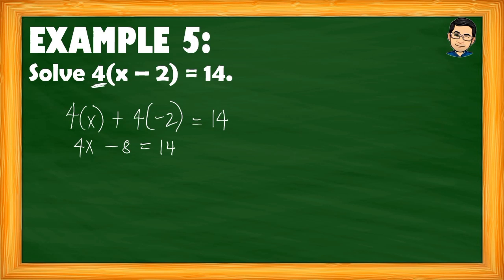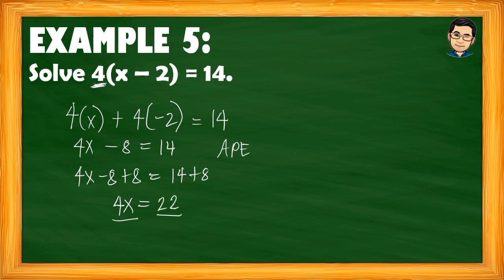And then, applying APE, we will add 8 to both sides. So 4x minus 8 plus 8 is equal to 14 plus 8. Then 4x equals, so the sum of 14 and 8 is 22. Then divide both sides by 4, or you may apply multiplication property of equality.